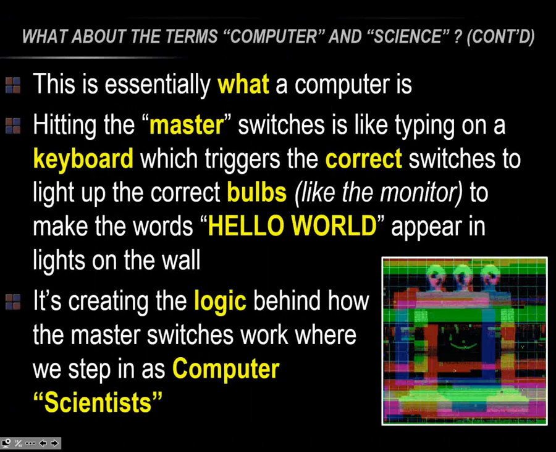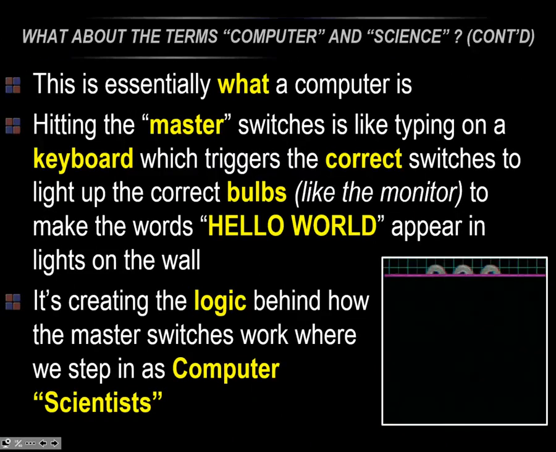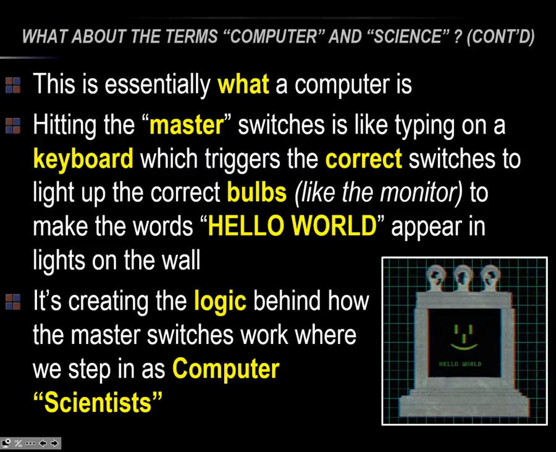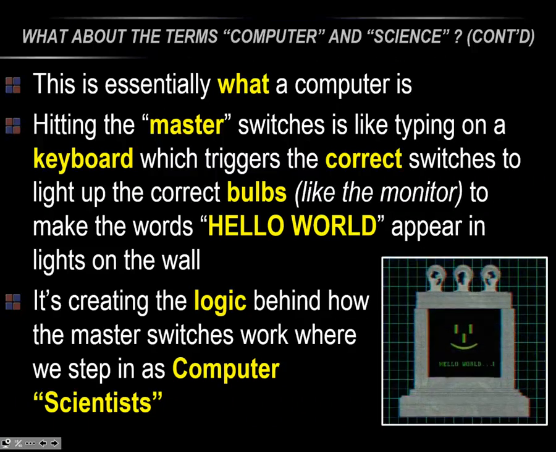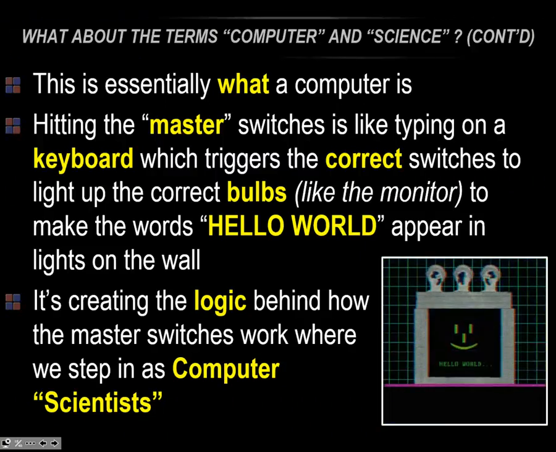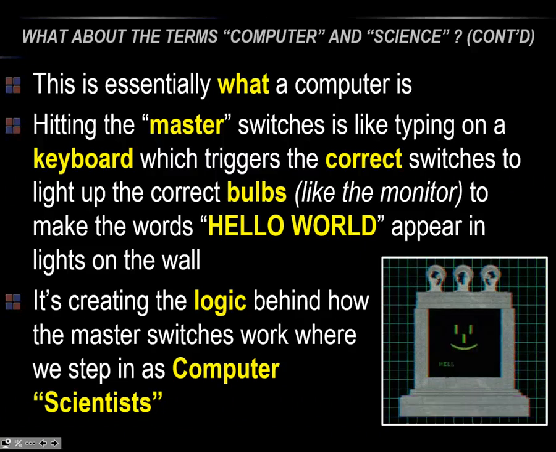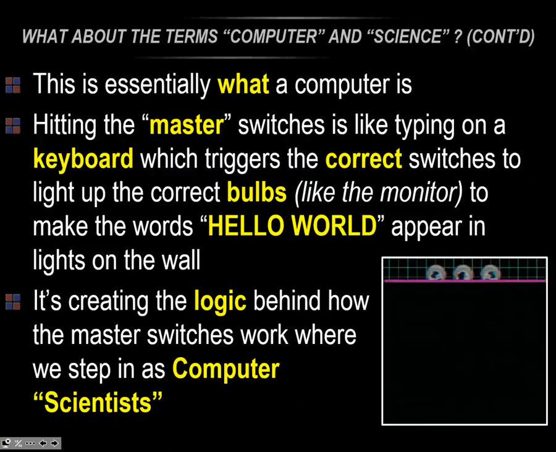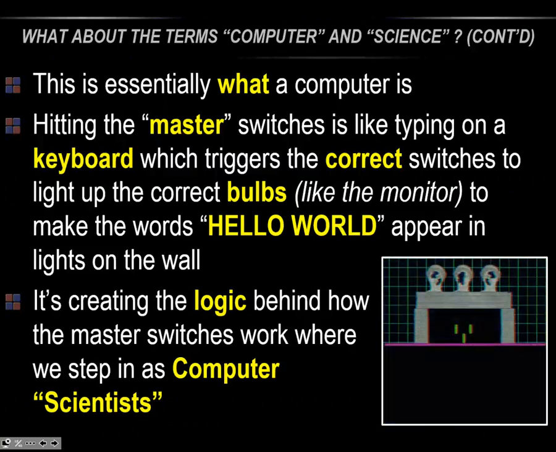Hitting a master switch is kind of like typing on a keyboard, which triggers the correct switches internally to light up the correct bulbs, which would be your computer monitor, to make words like hello world appear within that monitor. It's creating the logic behind how those master switches work, which is what we do when we step in to work in the field of computer science.